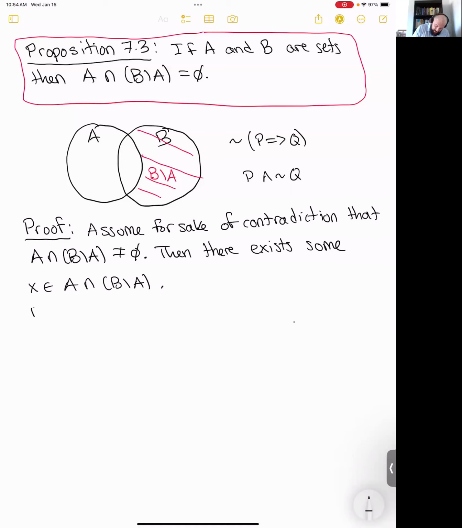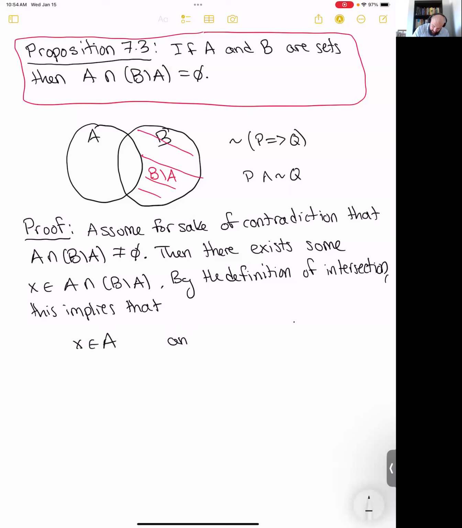So by the definition of intersection, this implies that x is in A and x is in B set minus A.